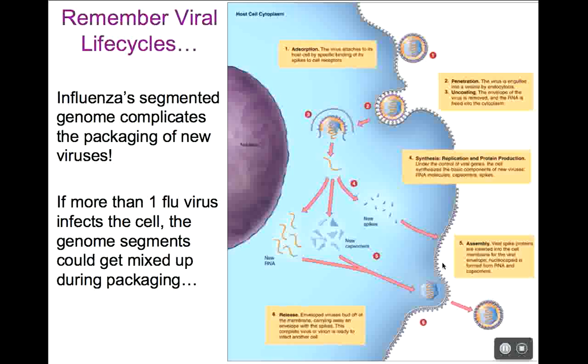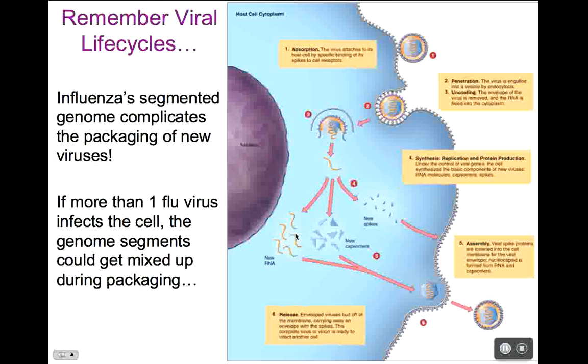Because of the segmented genome, it can go through this packaging where you mix up the segments from two different influenza viruses. So if more than one flu virus infects the same cell, the genome segments could get mixed up during packaging. Well, what that means is if you have two flu viruses entering the cell, one is H1N1, the other is H2N2.